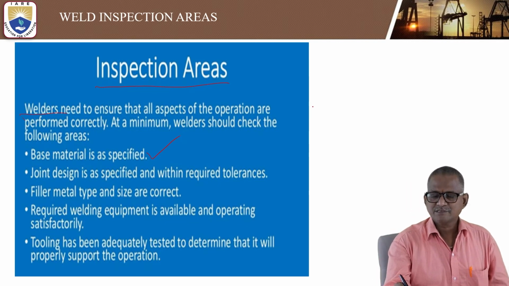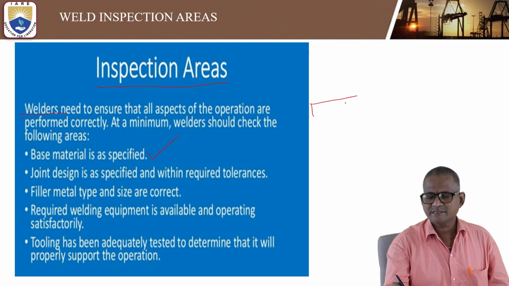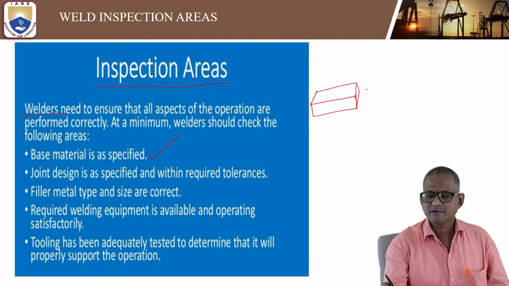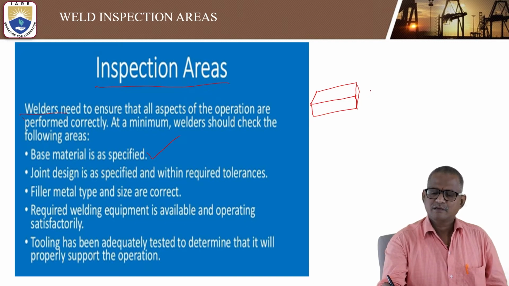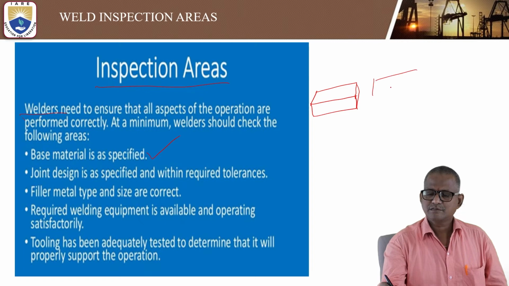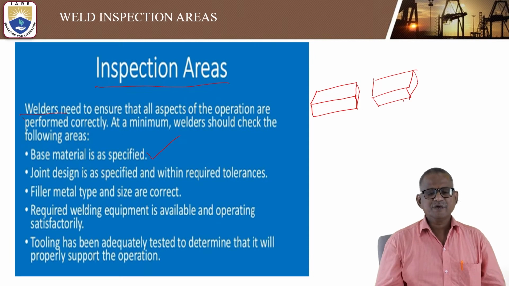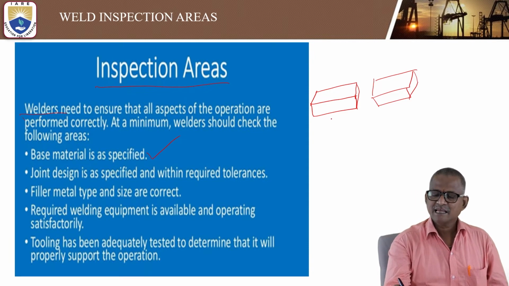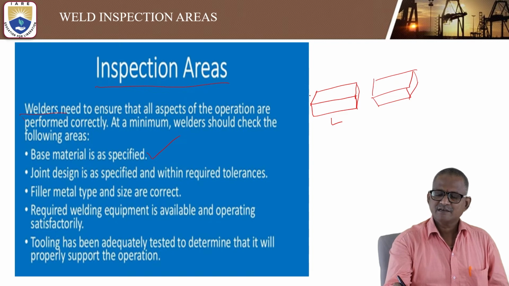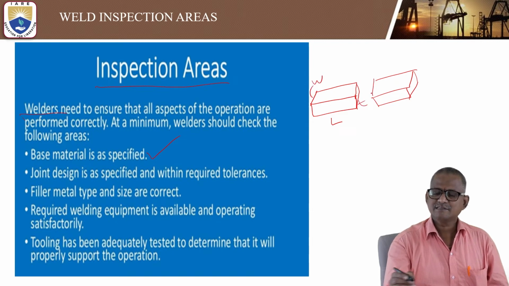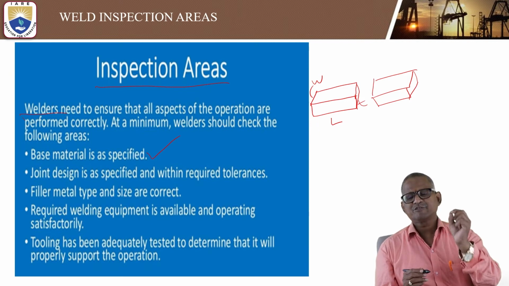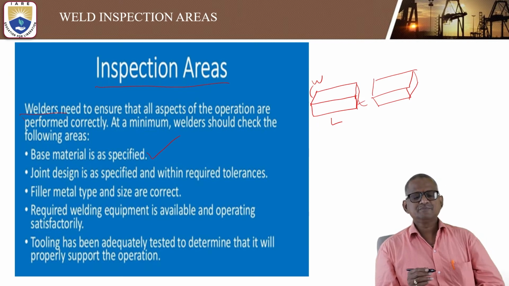For example, there will be one plate, and this is the base metal. Whatever the specification, that is length, width and thickness, the three should be as per the customer requirement or not. First you check whether the base metal you obtained is correct or not.